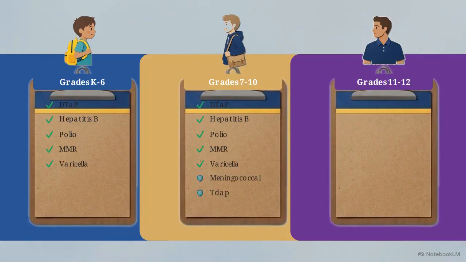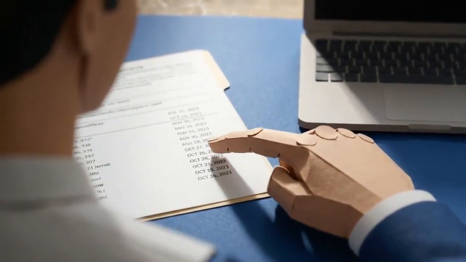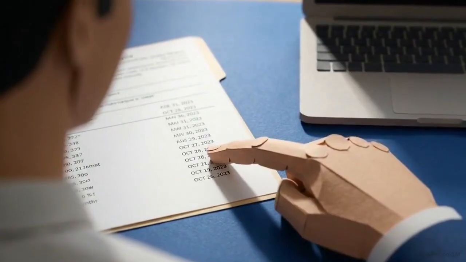Expanding to grades 7 through 10, these remain, plus mandatory meningococcal and Tdap doses. Finally, grades 11 and 12 show an increased meningococcal requirement. Systematically matching your own child's medical records to their specific grade band ensures the health file meets the state's legal threshold for attendance.